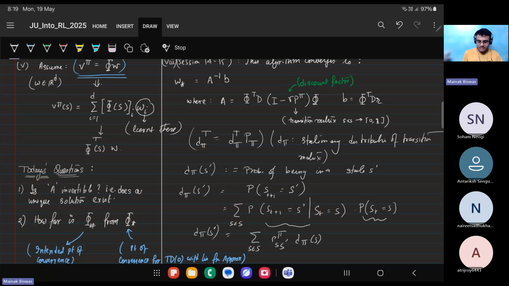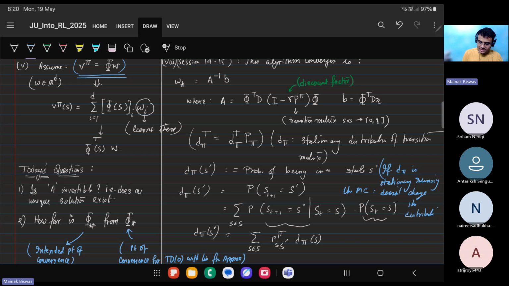So what happens is, we say that if D pi is stationary, running the Markov chain does not, remember, change the distribution, right?